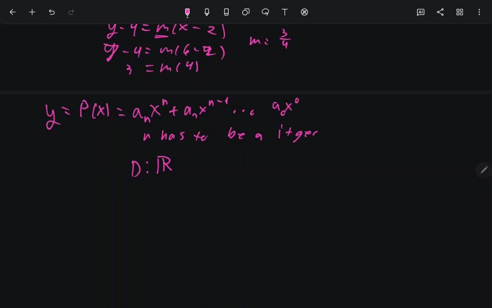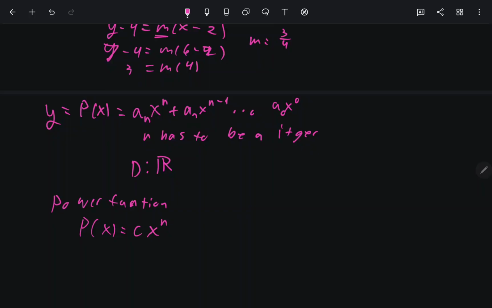Power functions. So this is really like we're tearing apart a polynomial, and power functions are going to take the form p of x is equal to some constant times x to a power n.